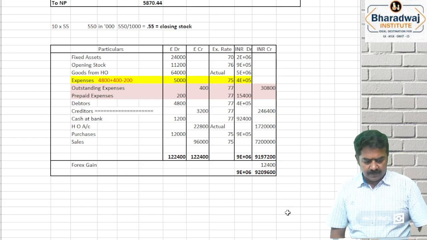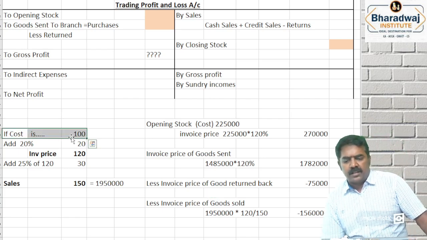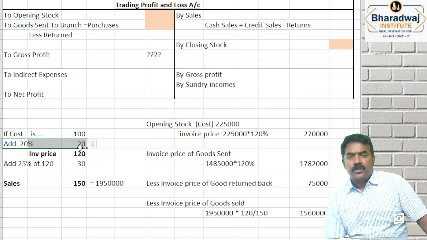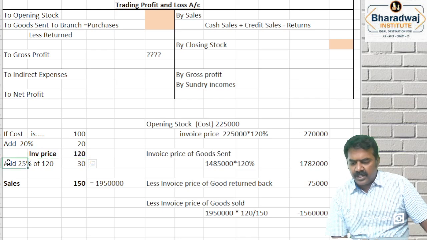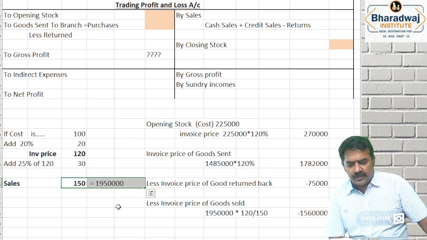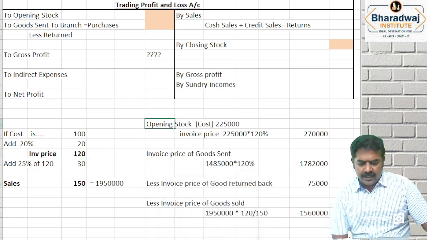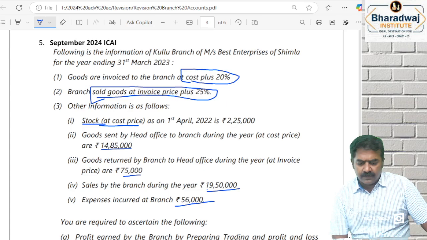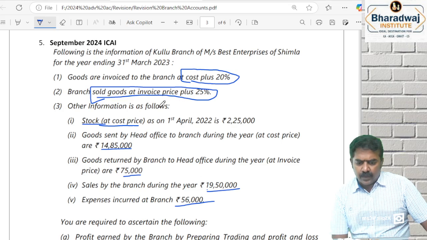Let me repeat. If cost is 100 rupees, we add how much? 20%. Invoice price is 120. Add 25% of 120, it will be what? 30. Sales will be 150. If 150 is 19,50,000, then what is the invoice price? We work out. Opening stock: what is the opening stock given? 2,25,000.